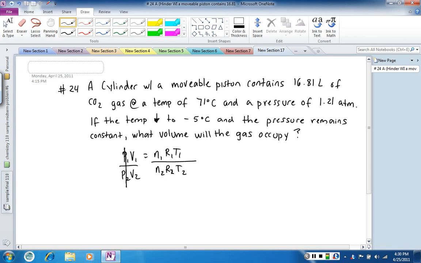The moles are constant, and of course our R, since it's a constant, is constant for both. So what it ends up being is V1 over V2 equals T1 over T2.